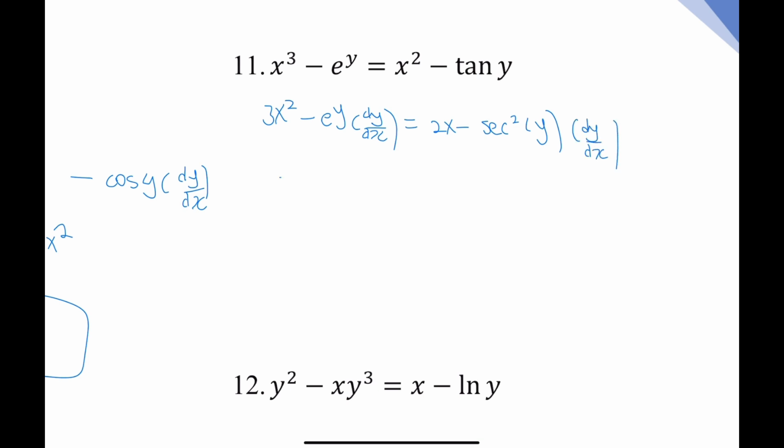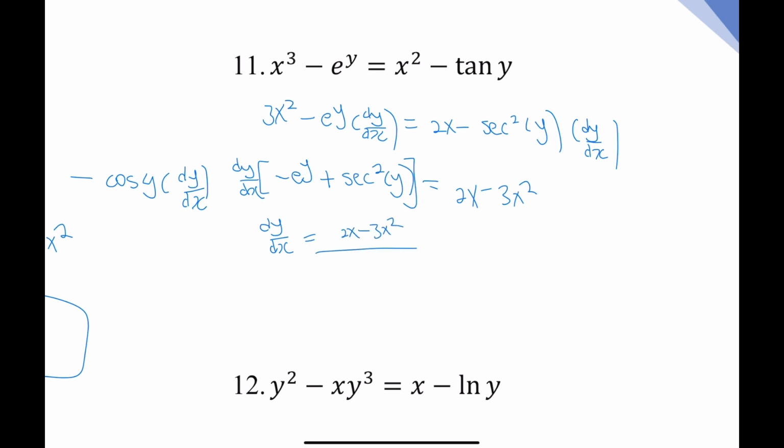And then negative e to the y, and then positive secant squared y, dy/dx is equal to 2x and then minus 3x squared, right? dy over dx then equals 2x minus 3x squared all over secant squared y minus e to the y.